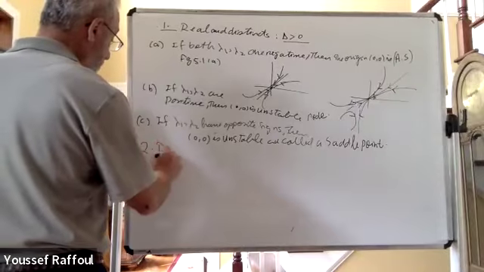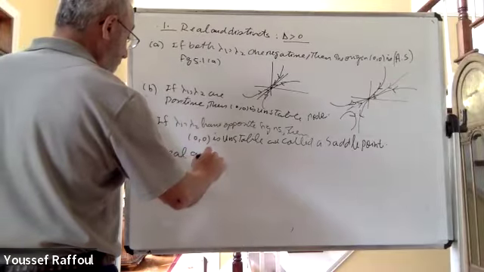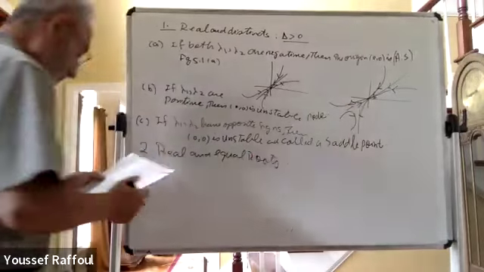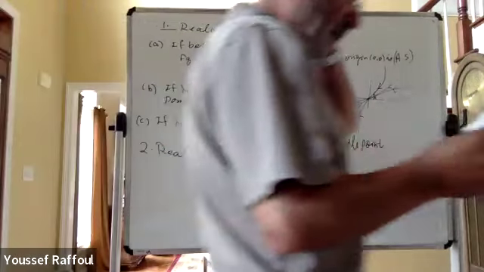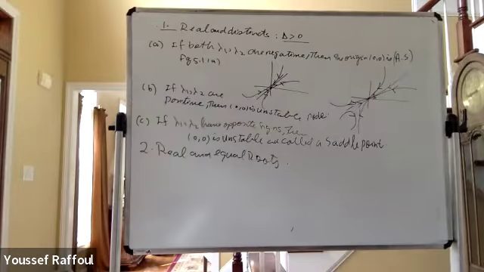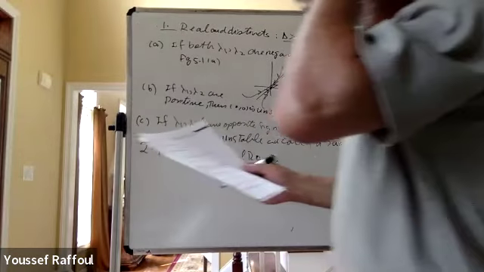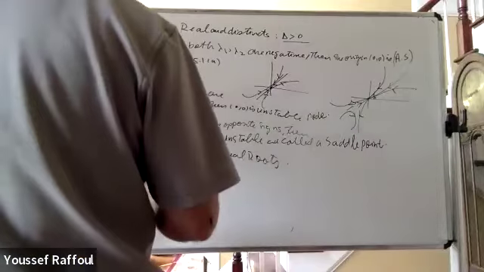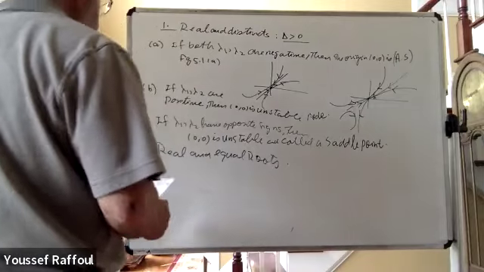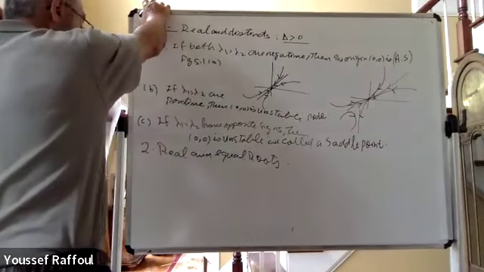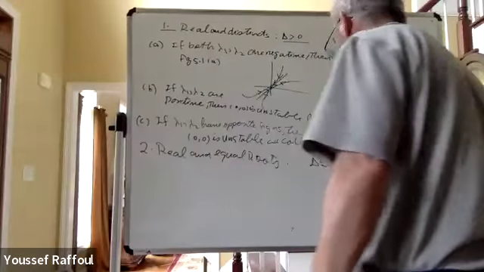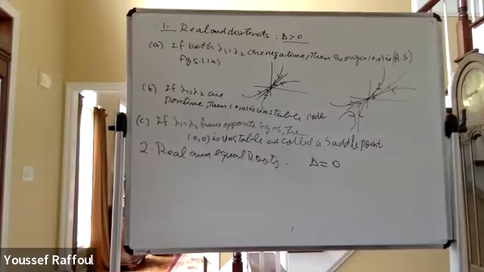Two real and equal roots. So basically, if you look at it, when you have real and equal roots, this means delta equals 0.